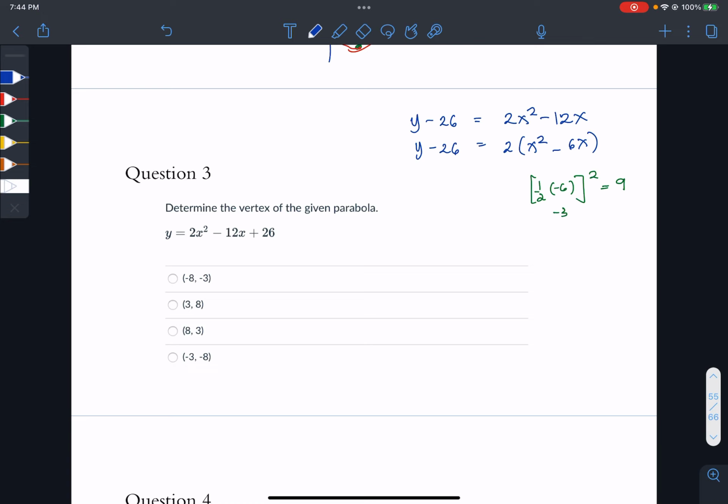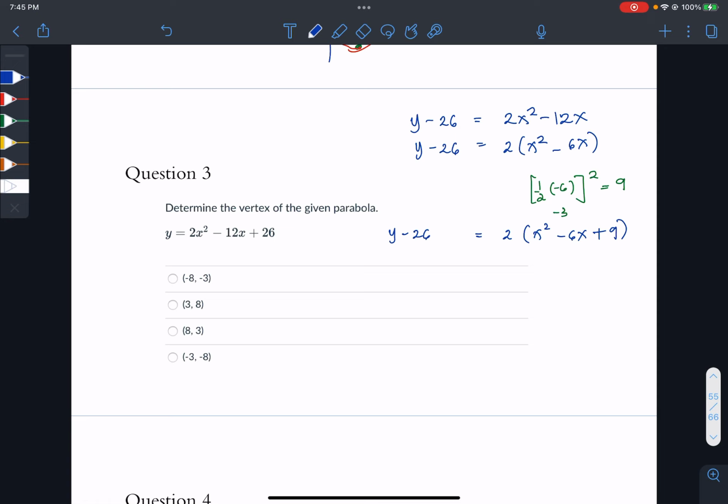So kaya ang i-add ko niyan dito would be 2x squared minus 6x plus 9. Okay? So kaya lang, anong i-add ko dun sa kabila? Diba? Nag-add ako ng plus 9 on the right hand side.